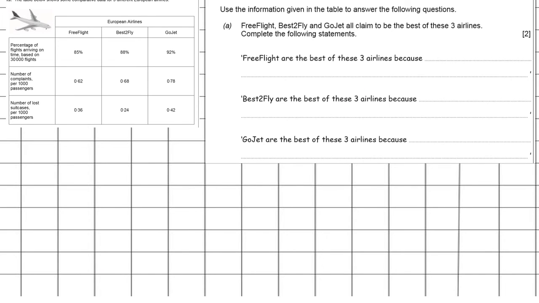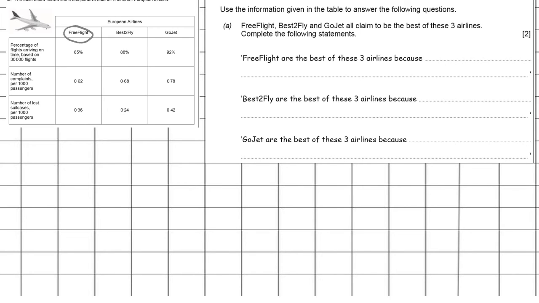Okay, 15a. This is our table. Use the information given in the table to answer the following questions. Free flight, best to fly, and GoJet all claim to be the best of these three airlines. Compare the following statements. Free flight is the best of these three airlines because, let's see what free flight has the highest of.